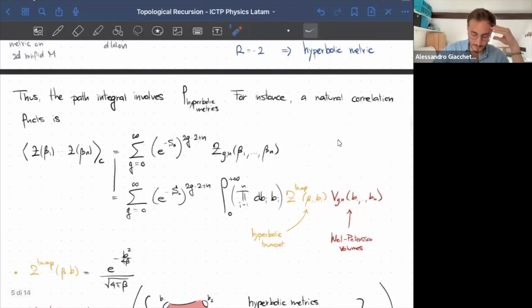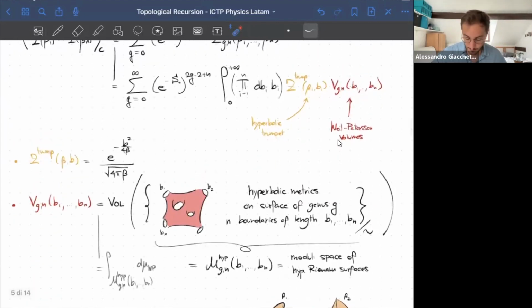And this is in line with what I said here. This JT gravity path integral involves an integral over the space of hyperbolic metrics, and in this specific case, this integral is realized here as the volumes of this moduli space.